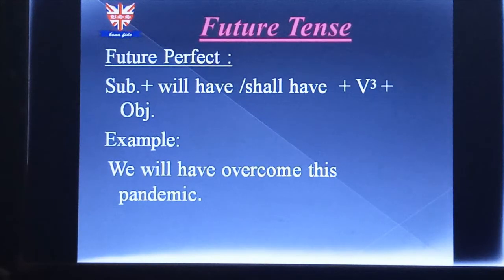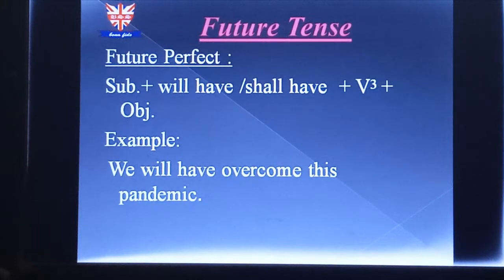So we will have overcome this pandemic. This is your example. Here for will have, we have written overcome. As we know, the past participle of overcome is overcome: overcome, overcame, overcome. So here overcome is the V3 of overcome. This pandemic is my object.